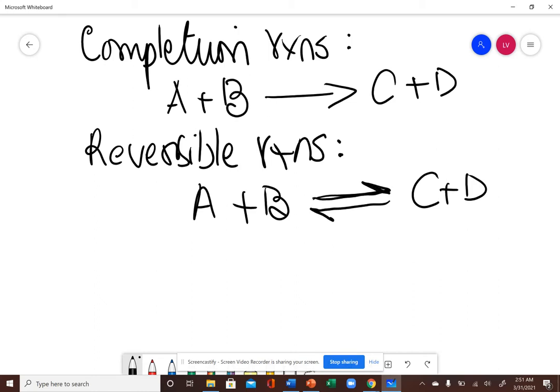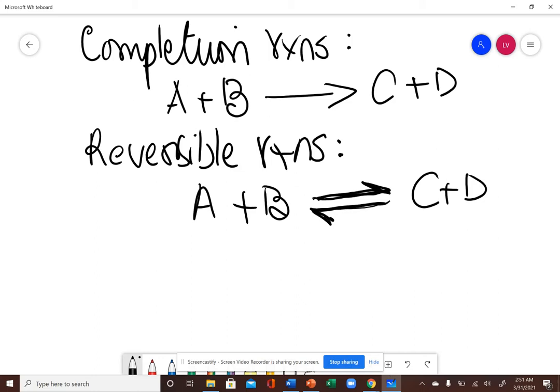A reversible reaction is represented by double-headed arrows, meaning the change is happening in both directions, where A plus B combine to form C plus D, and then at some point C plus D break down to give you back A and B.